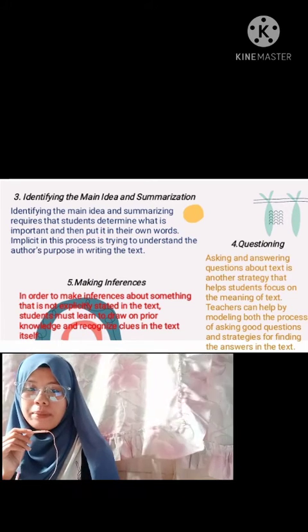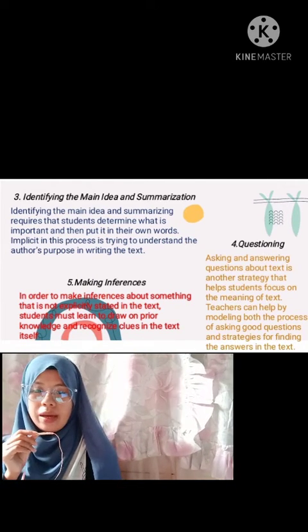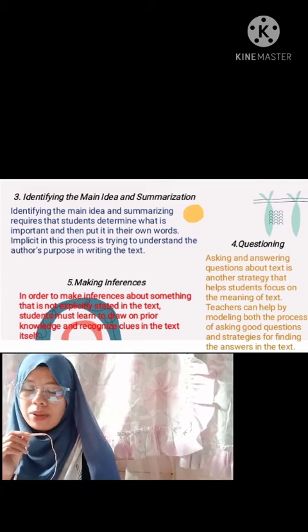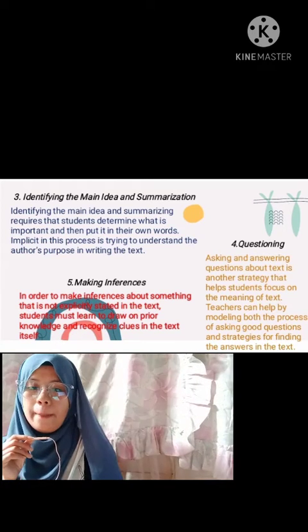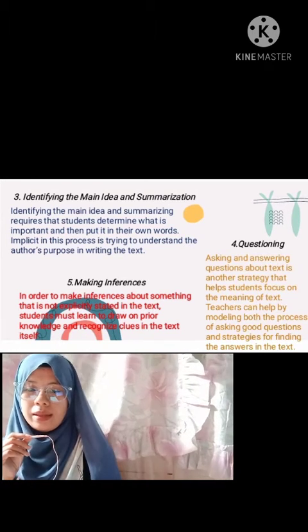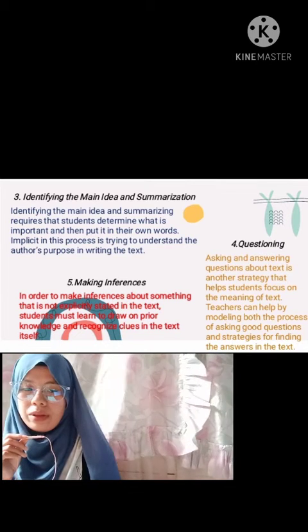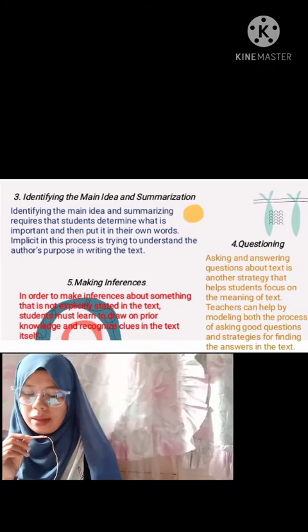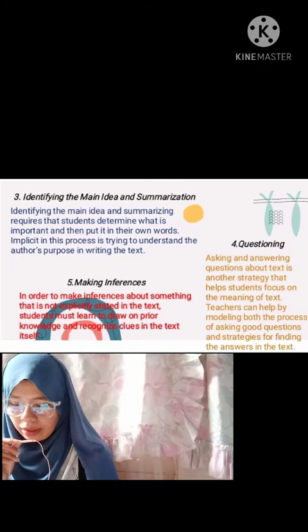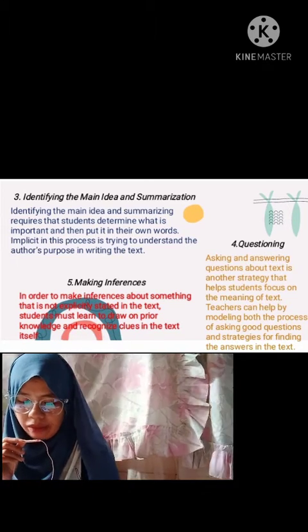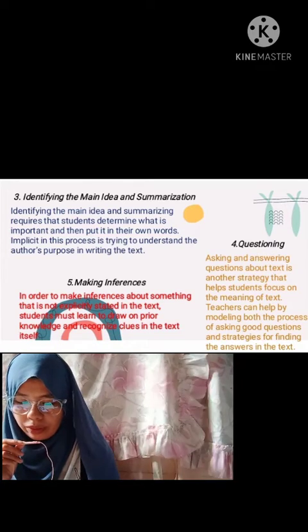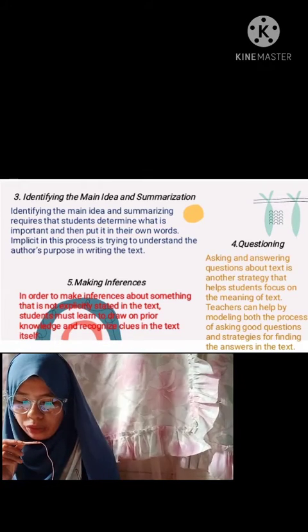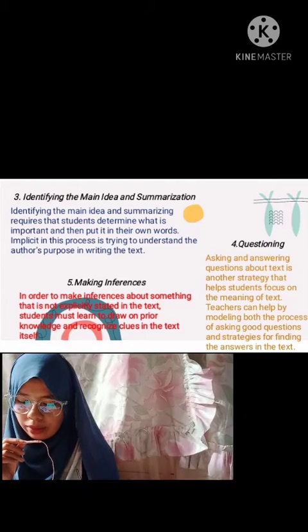Number 5. Making inferences. In order to make inferences about something that is not explicitly stated in the text, students must learn to draw on prior knowledge and recognize clues in the text itself. Making inferences involves using what you know to make a guess about what you don't know, or reading between the lines.